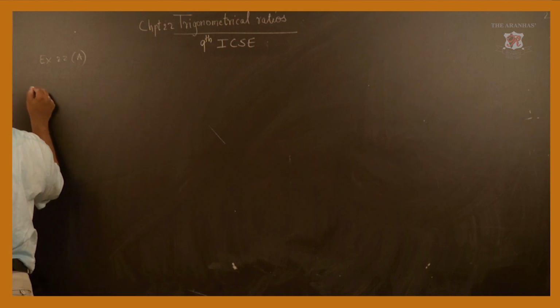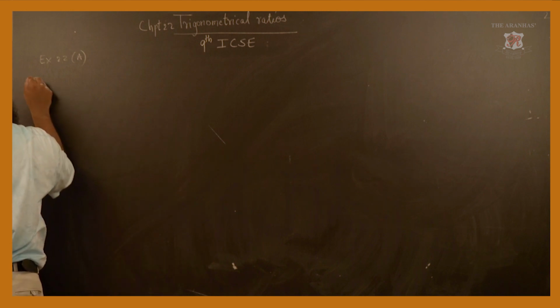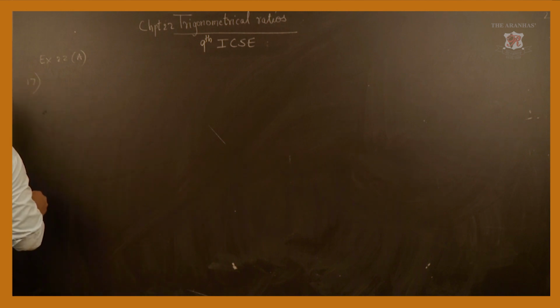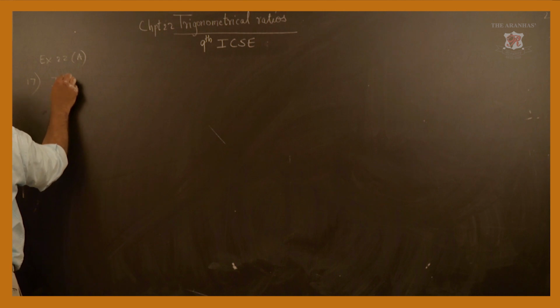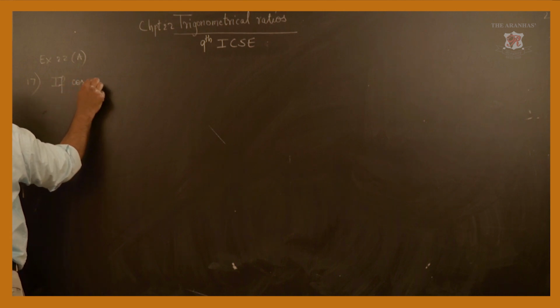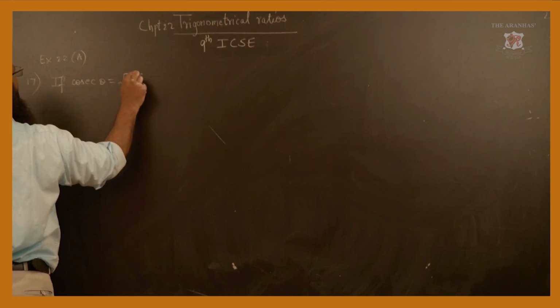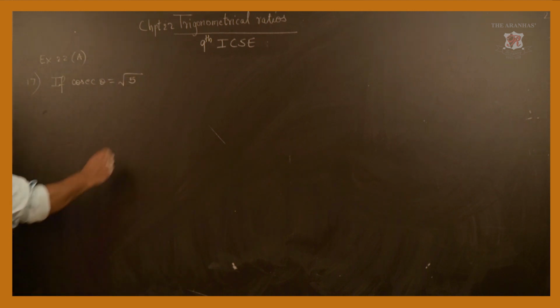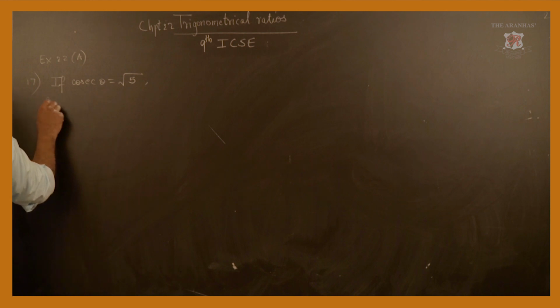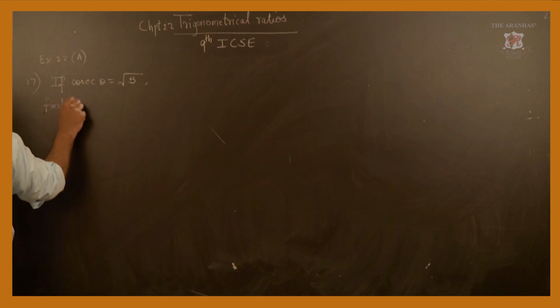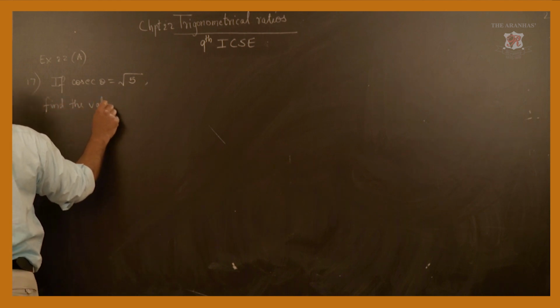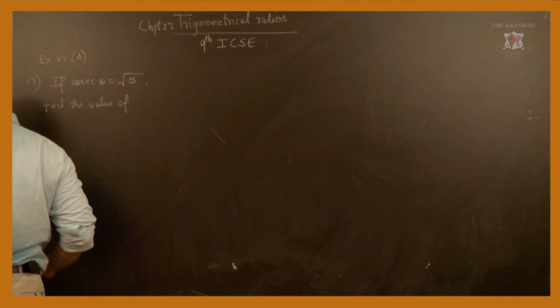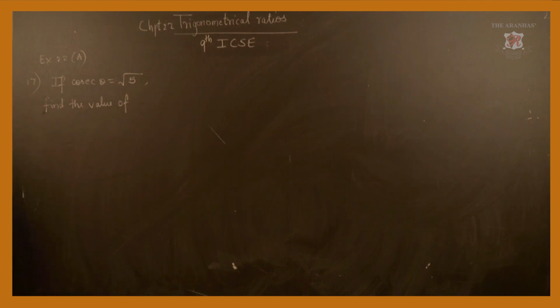Question number 17: if cosec theta is root 5, find the value of.